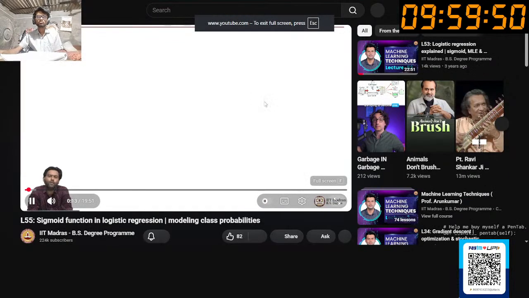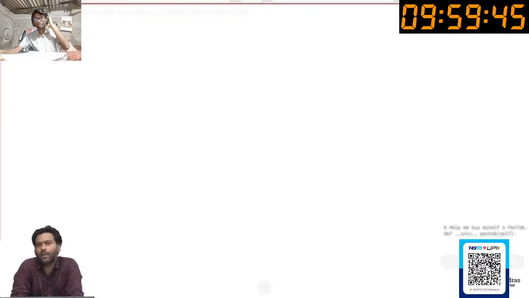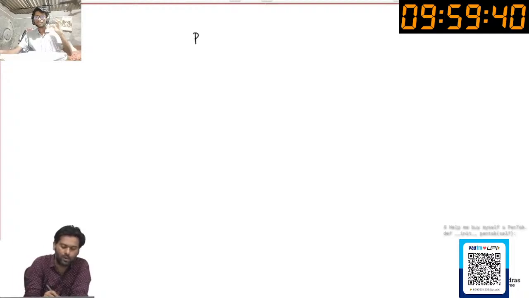Hello everyone, welcome back. So far we've looked at the perceptron algorithm for binary classification, and we have argued that the perceptron algorithm will in fact find a linear classifier if the data that is given is linearly separable. We also argued that the number of mistakes that perceptron makes is at most, right?